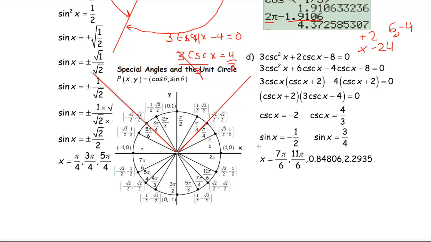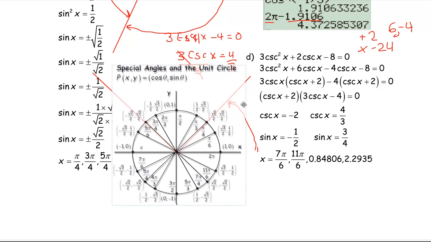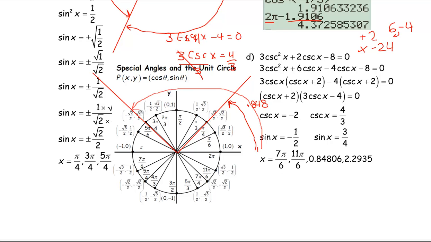So this rotation around to here would be the 0.848 radians. But we want to know for the second one what the rotation is around to here. Now you see this rotation here would be the same as this 0.848 radians.